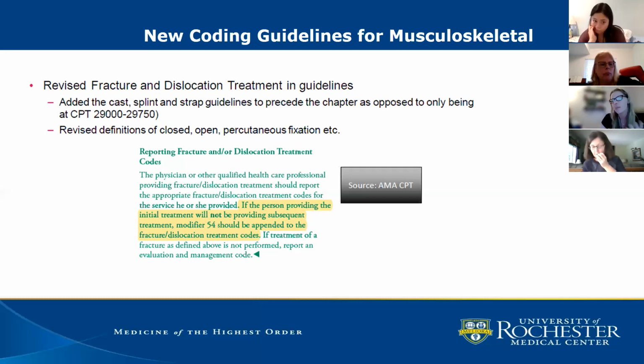An example might be a patient who goes into the ED with a radial shaft fracture, and the ED provider is providing that care, but is not going to be providing the subsequent care. It would be appropriate in a situation like that to append that modifier 54.